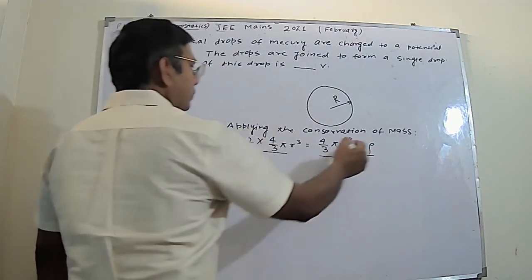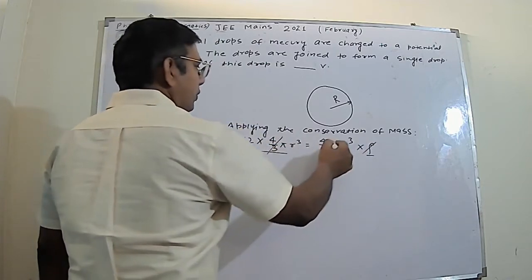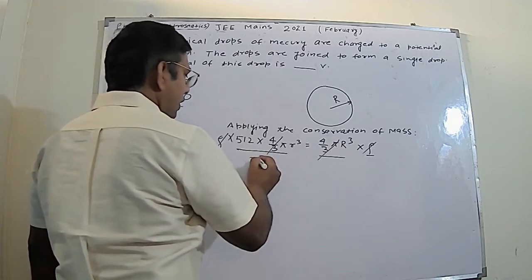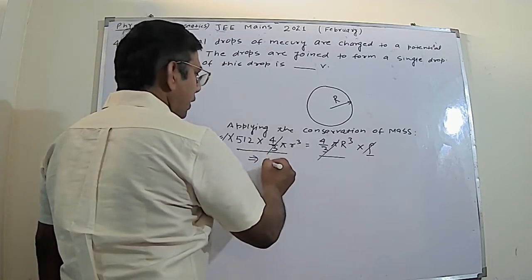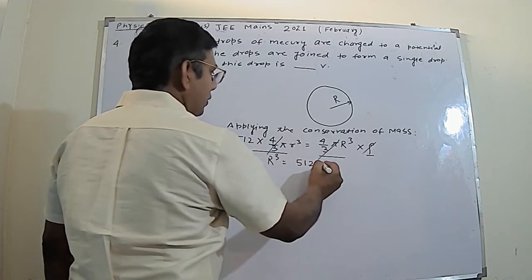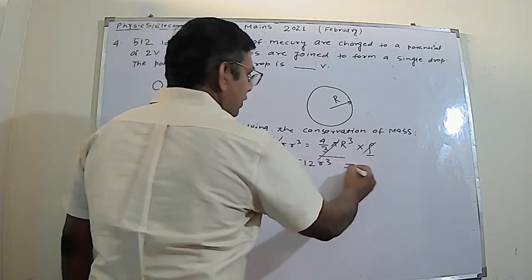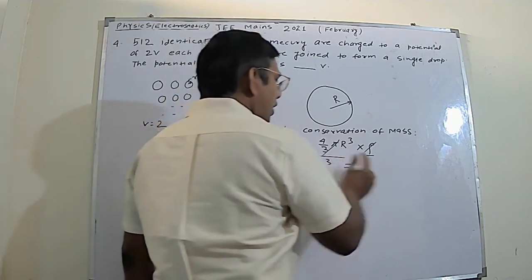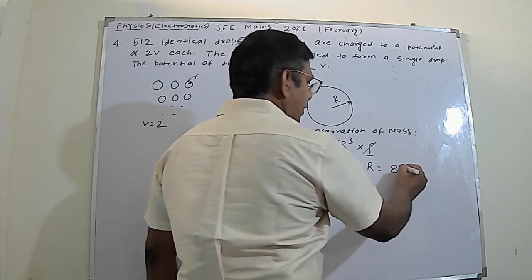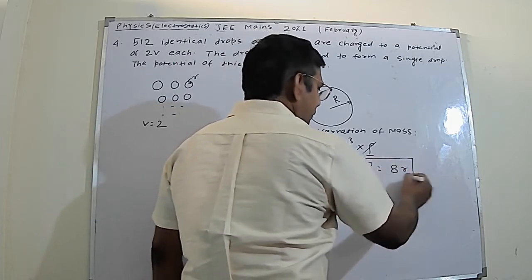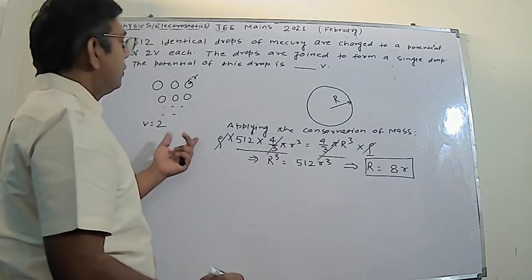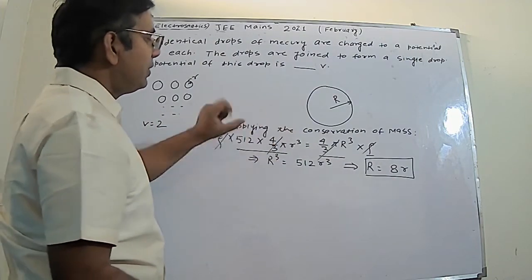So 4 by 3 pi will go, and here we can write R cube will be 512 r cube. So this will give us the relation between small r and capital R. So this one is R equals 8r, right? We have applied here conservation of mass.